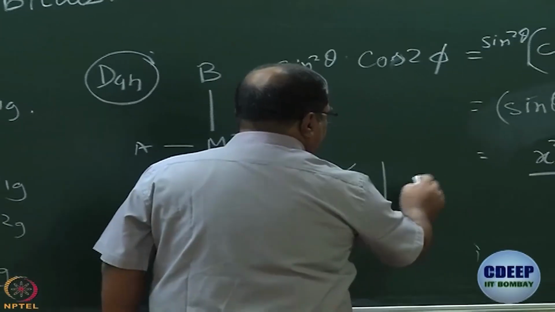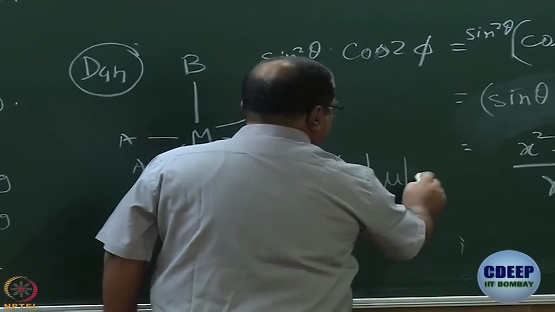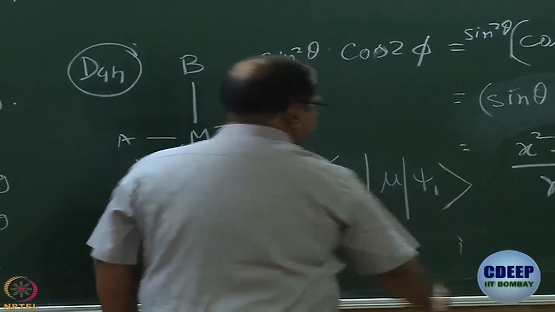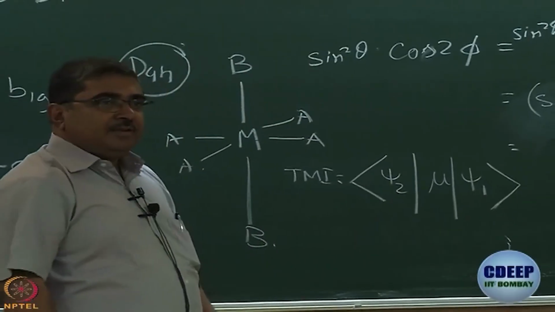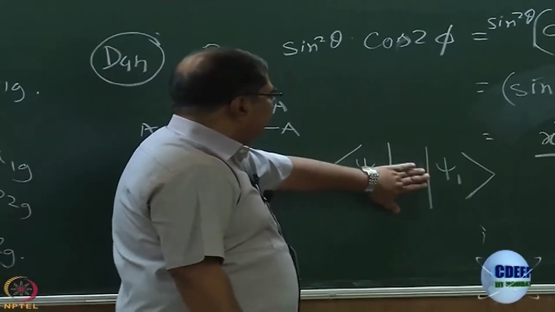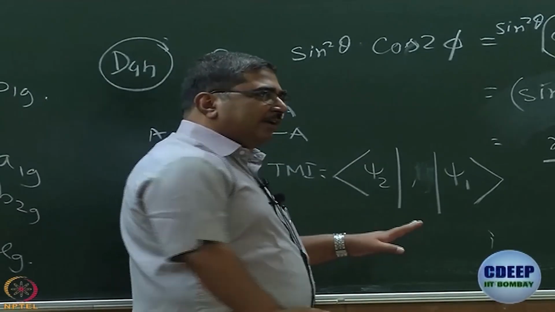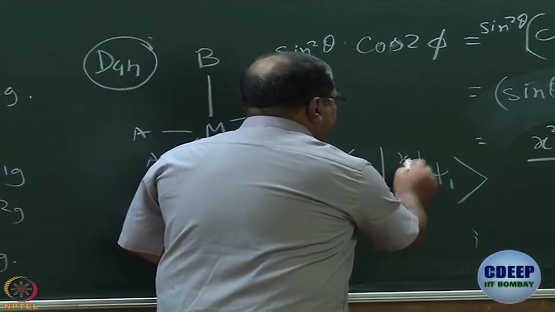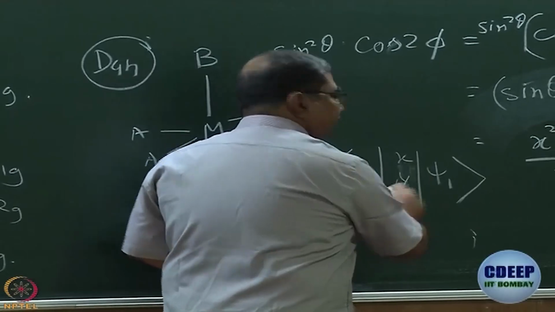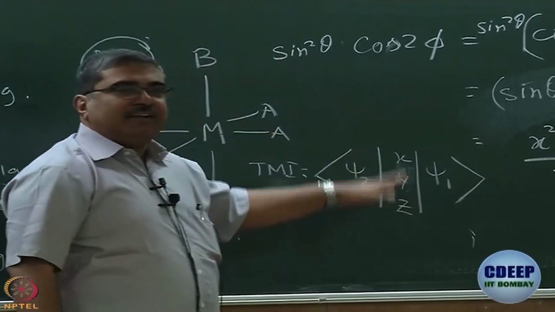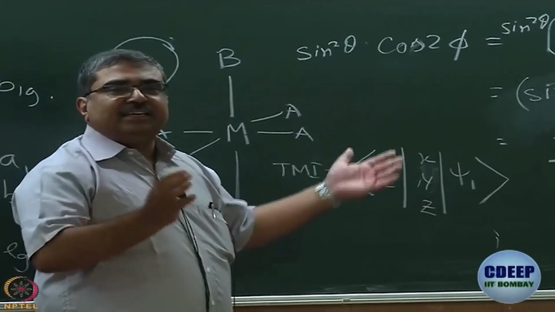Psi 2 mu psi 1, right. As usual, instead of mu, we will work with the x, y and z components. Okay. And do you find it difficult to understand if I write like this? What I have done is that I have essentially written 3 integrals together.